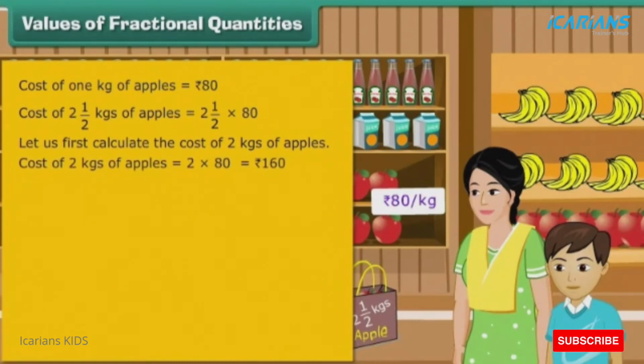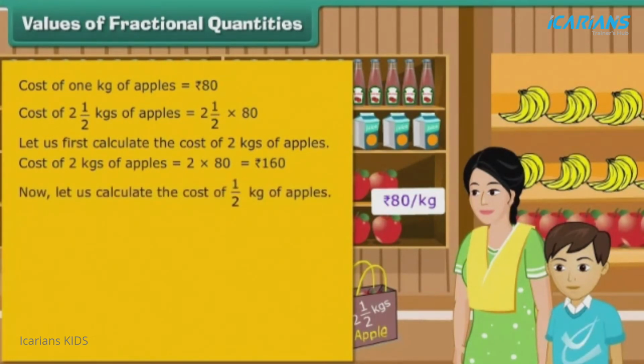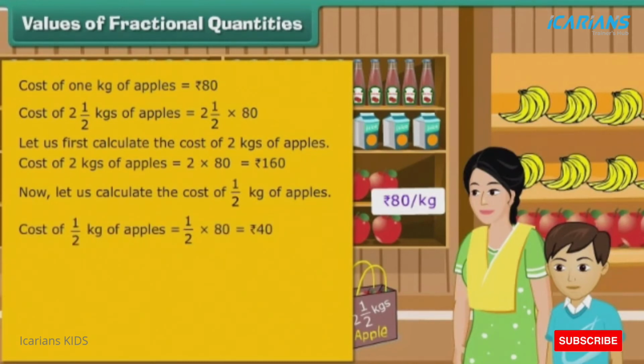Cost of 2 kgs of apples is equal to 2 multiplied by 80, which is equal to Rs 160. Now, let us calculate the cost of half kg of apples. Cost of half kg of apples is equal to 1 by 2 multiplied by 80, which is equal to Rs 40.